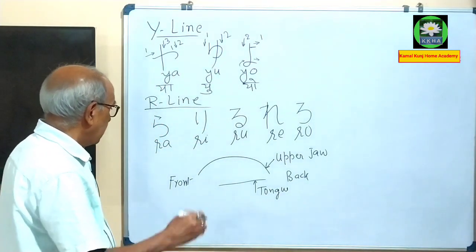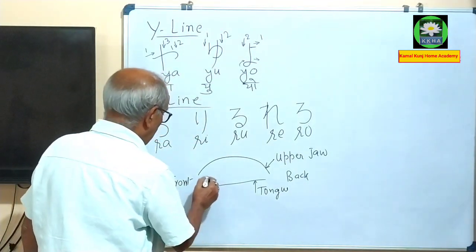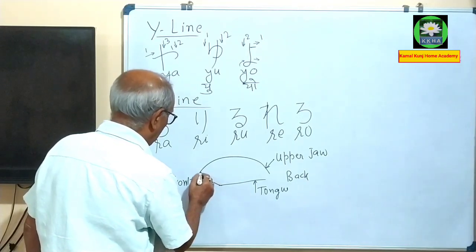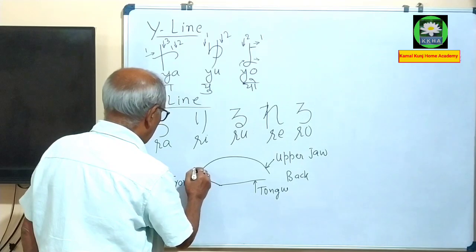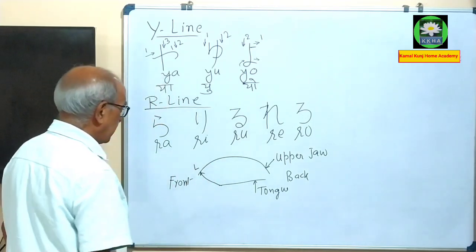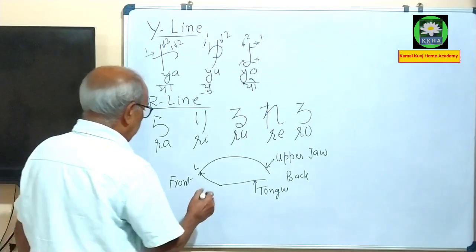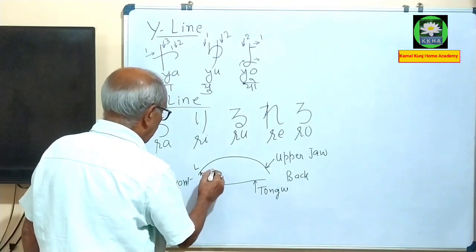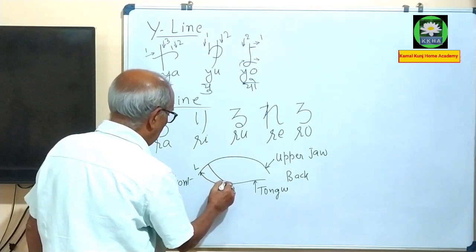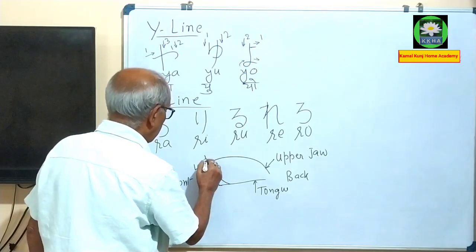For L sound, the position of the tongue is somewhere here, near to teeth. This is the English L sound. And next to it is the D sound. The position of the tongue is somewhere here, D sound.